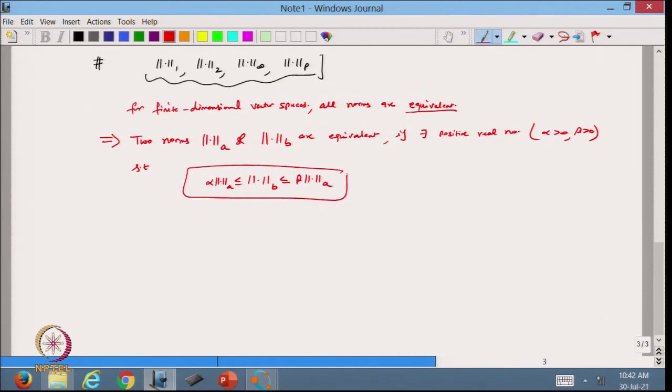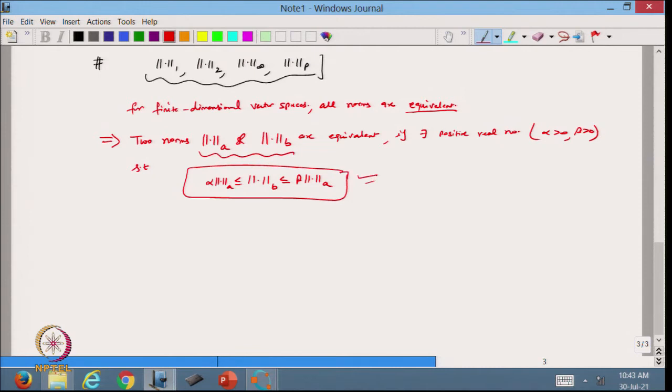If we are able to write this, then we say that these two norms A and B are equivalent. It means that the value of a vector in one norm is bounded by the values of the same vector in another norm. So that is called the equivalence relation.